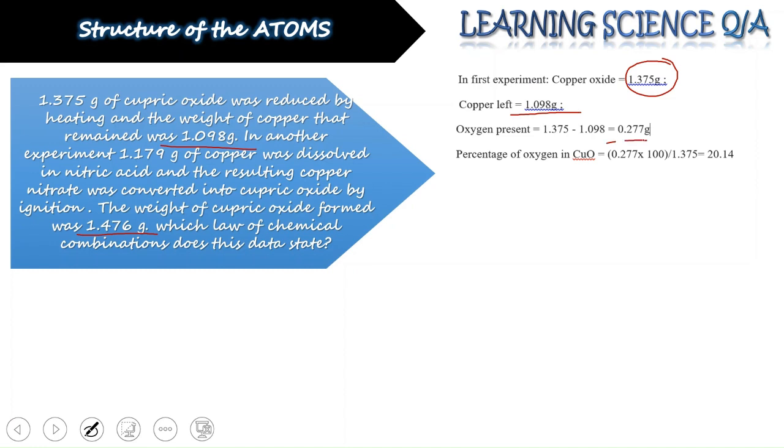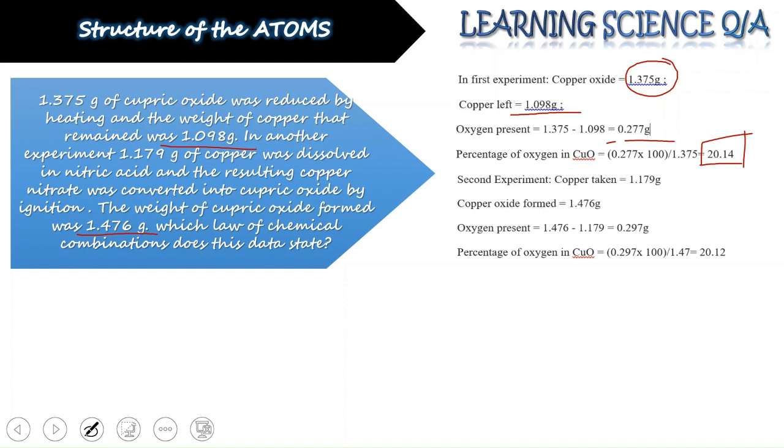So what we get here is 0.277 gram. For calculating the percentage of oxygen in cupric oxide, we have 0.277 divided by 1.375 multiplied by 100. That means we are calculating the percentage here. So 20.14 is the percentage of oxygen present in the copper oxide.